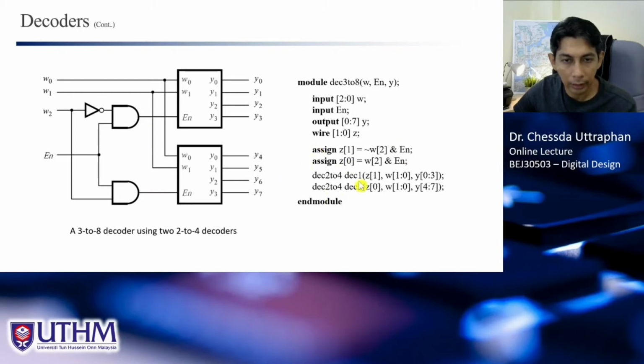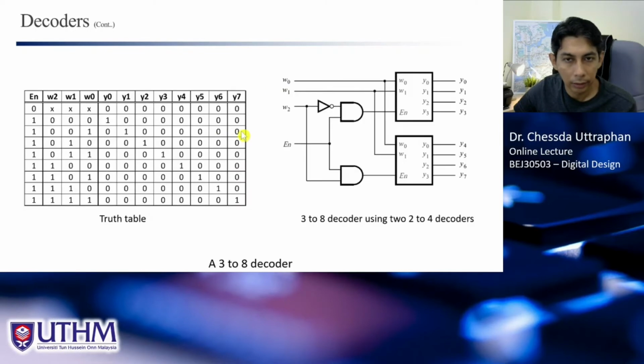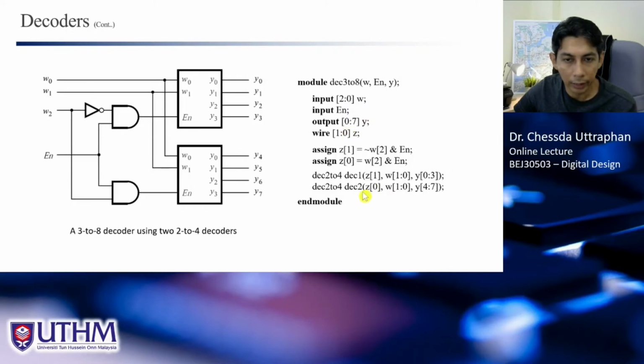And here is the connection, Z1, W1 W0 for this one, and Y0 to Y3 for this one, right? And for the second one, Z0 here, this is W1 W0 here, and Y4 to Y7, and you can get this circuit.